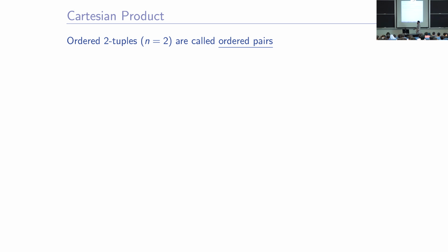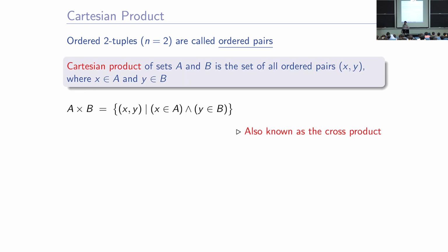Okay, n equals 2. This is what the actual topic is: the Cartesian product of two sets A and B. Again, this is now an ordered thing. It is the set of all ordered pairs (x, y), where the first coordinate comes from A and the second coordinate comes from B. Now we can talk about coordinates because we have indexing, right?